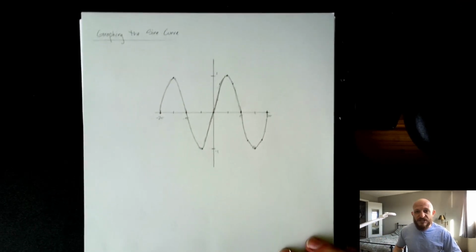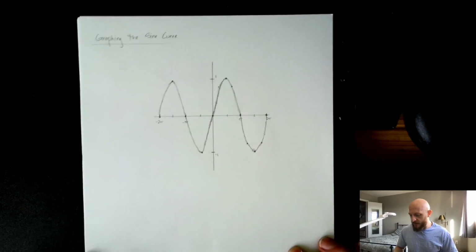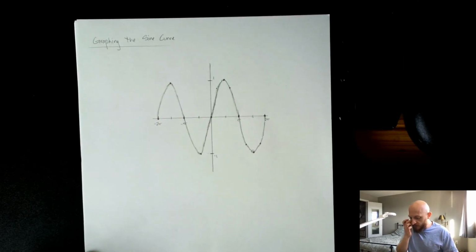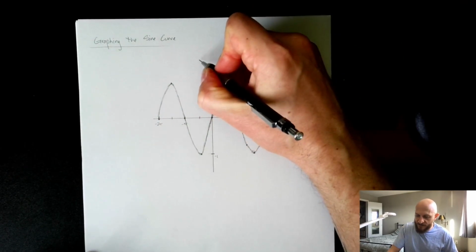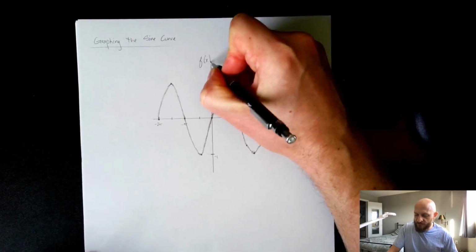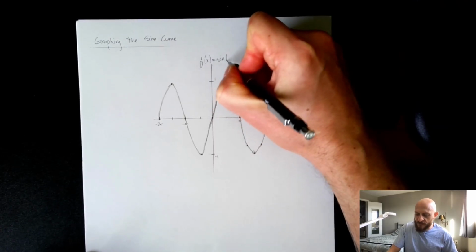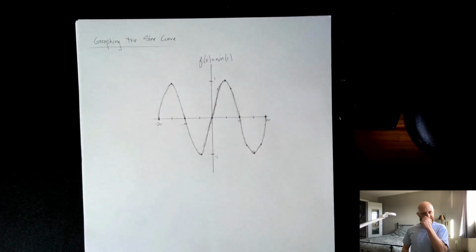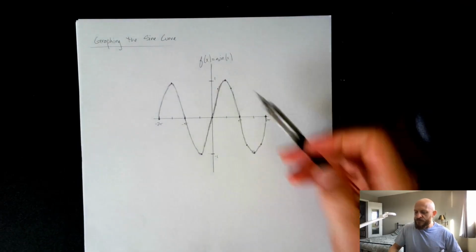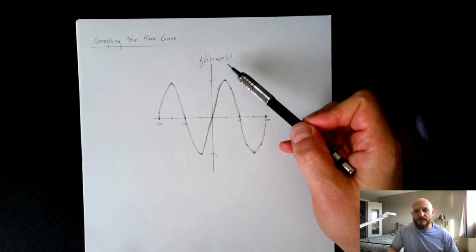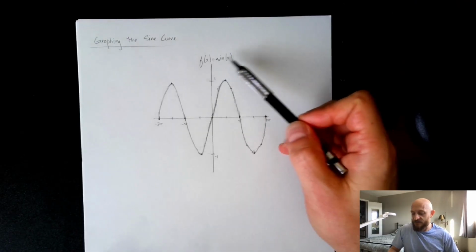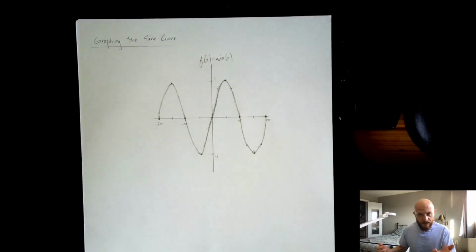So what does the generic form of sine look like? By the way, I'll write it as f of x rather than y. f of x equals the sine of x. That's what we graphed, but this is a very specific type. This is like the basic sine function. We can add in variables and transform this, just like you did in college algebra.